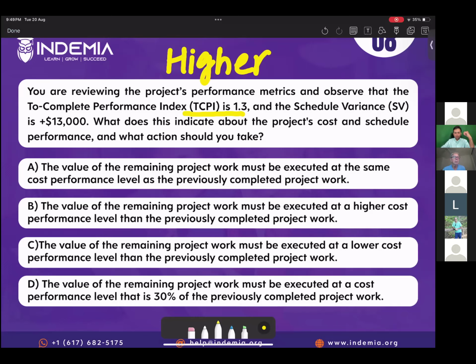I was a little confused on the options, but what jumped out to me was the C, the value of the remaining work must be executed at a lower cost, because TCPI over 1 is bad. So I just kind of picked randomly, but C was the best shot according to me.